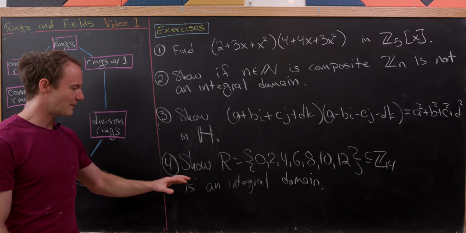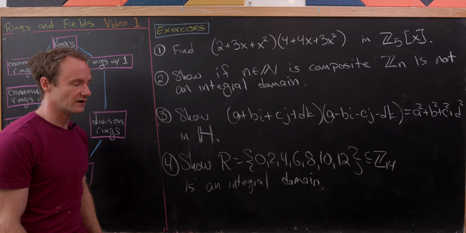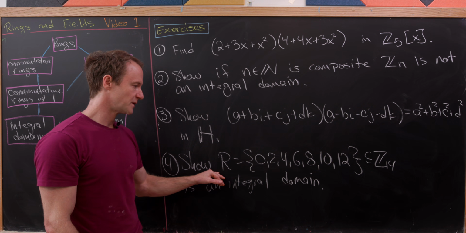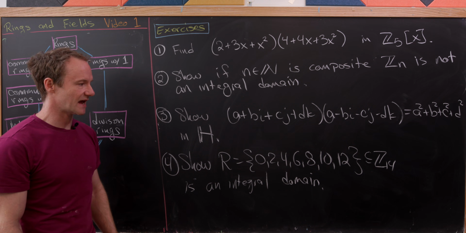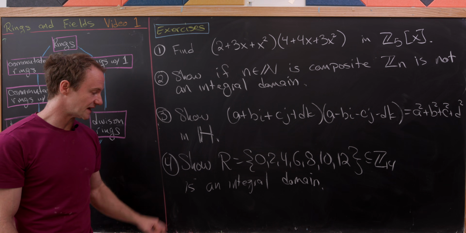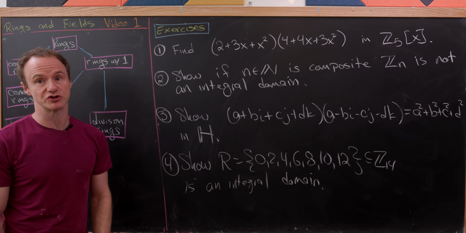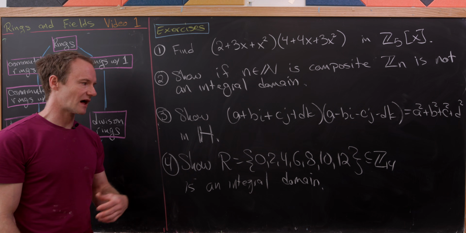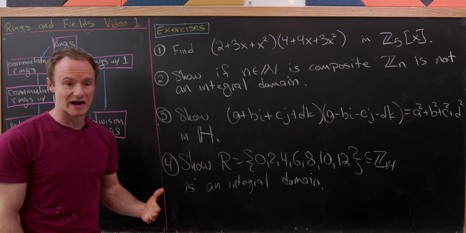Then here's a mind-bending example for the fourth exercise. If you take this set R, which is 0, 2, 4, 6, 8, 10, 12, as a subset of Z_14, that's in fact an integral domain. How will you show it's an integral domain? Well, I would first find the multiplicative identity.